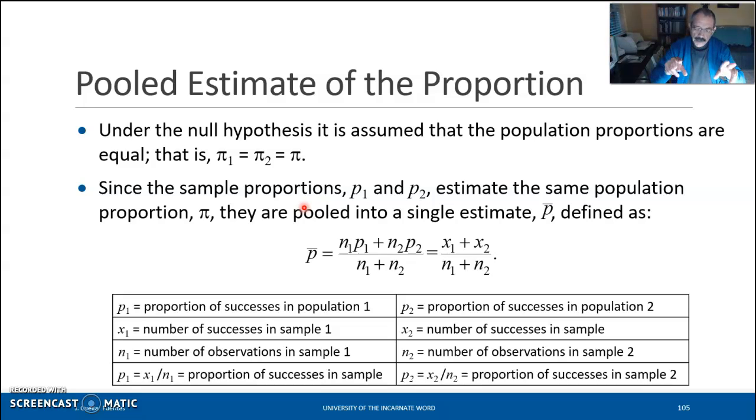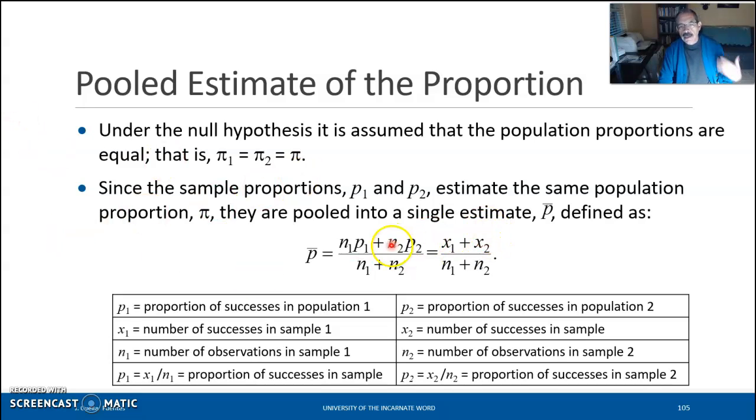Now under the null hypothesis, we have the equal sign. Under the null hypothesis, the first population proportion is equal to the second proportion, so we have a single common proportion, pi. When you obtain 2 samples, you obtain 2 sample proportions, P1 and P2, but they are estimating the same population proportion. So we do what we did before when we have equal variances. We combine them into a single estimate, and we call it the pooled estimate of the proportion.